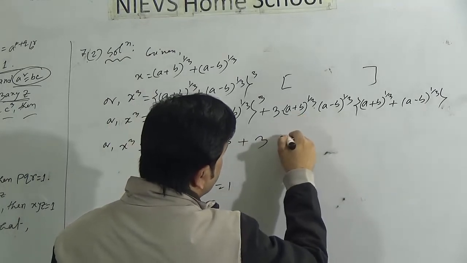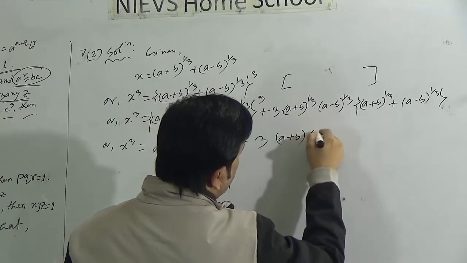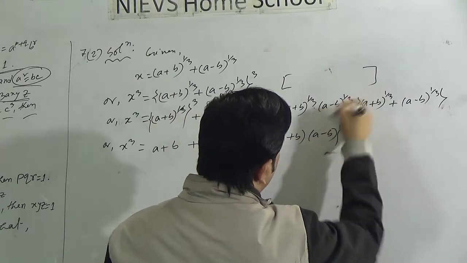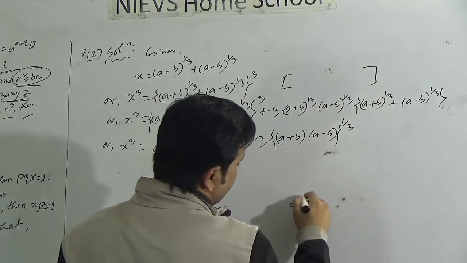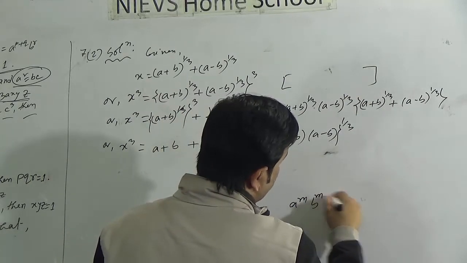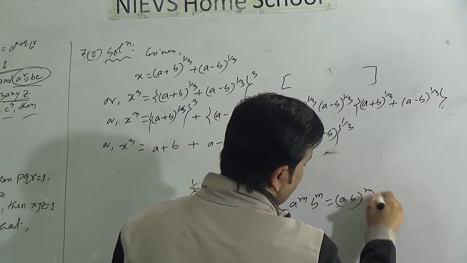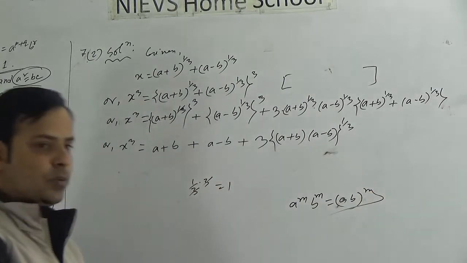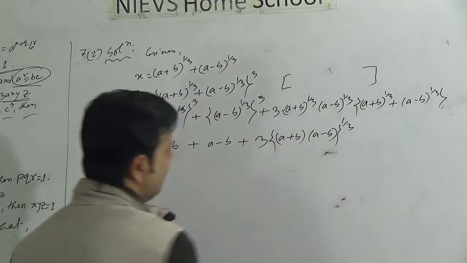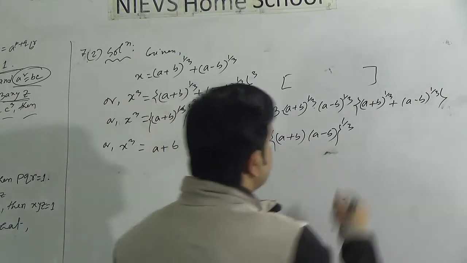Here we can write (a plus b) into (a minus b) whole to the power 1 by 3. As both the powers are same, it means a to the power m into b to the power m is equal to (ab) whole to the power m. We can write according to this formula.